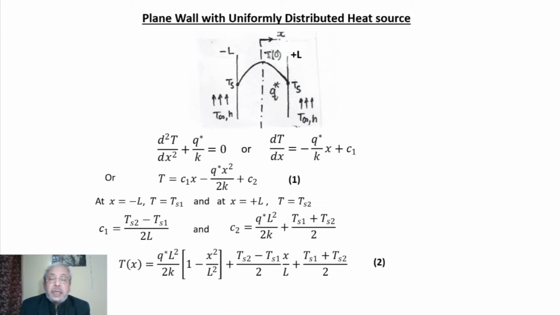Ts1 and Ts2 may be different, although in the figure they are the same. We'll see what the result is if they are the same, but a more general picture is obtainable if we consider Ts1 at x equal to minus L and Ts2 at x equal to plus L.